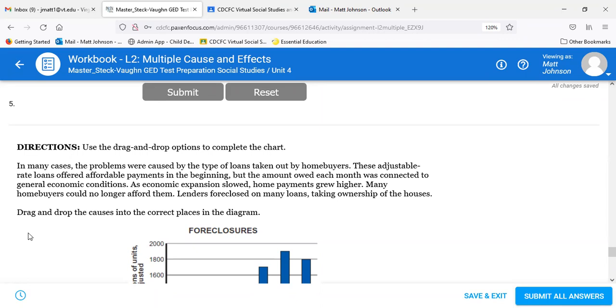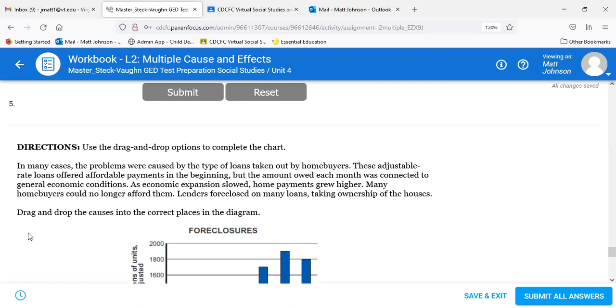With an adjustable rate, the amount you owed every month could change. As economic expansion slowed, home payments grew higher. Many home buyers could no longer afford them. Lenders foreclosed on many loans, taking ownership of the houses.